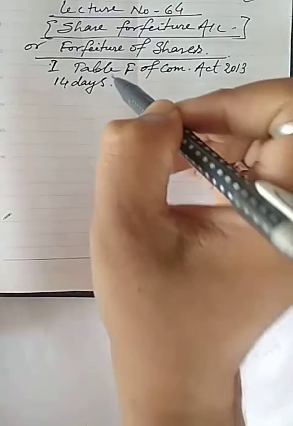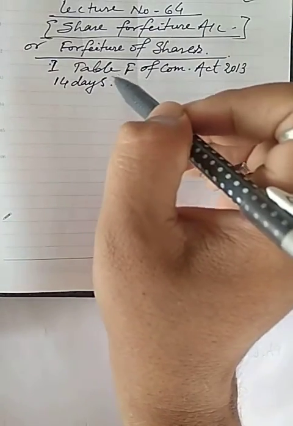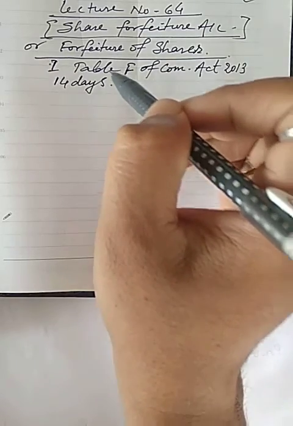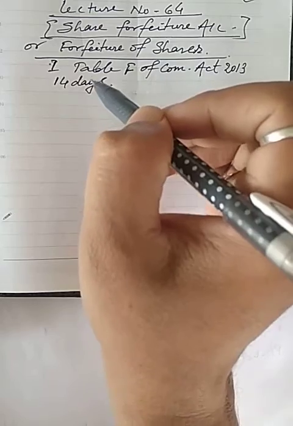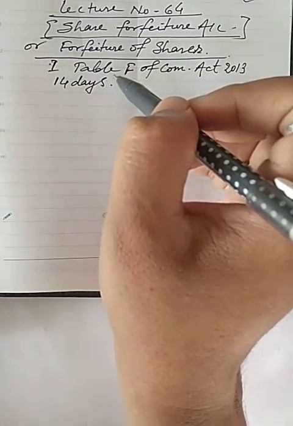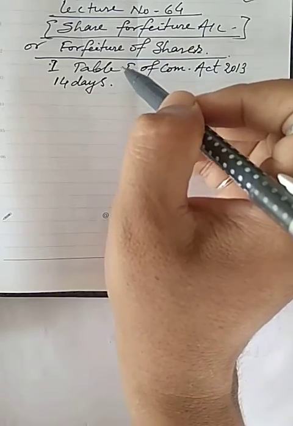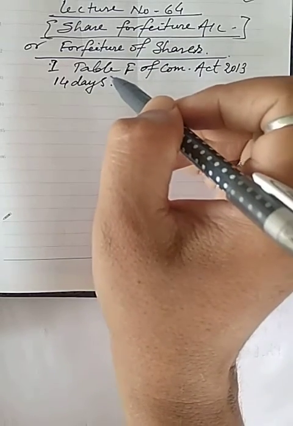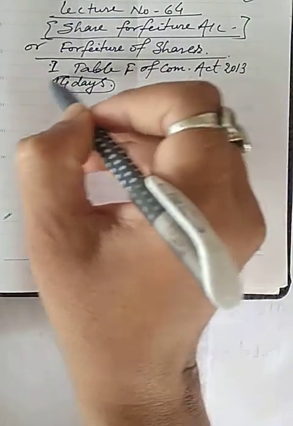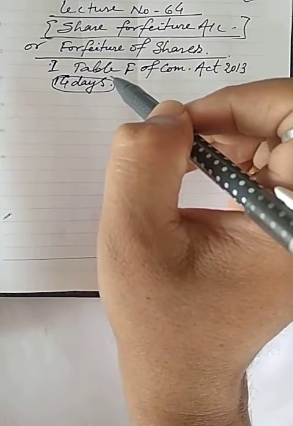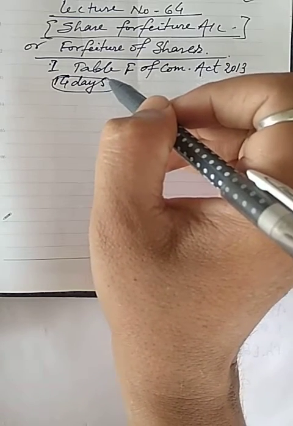notice requiring him to pay the unpaid amount on his share together with the accrued interest thereon. The notice must state that if the unpaid amount is not paid within a certain period, that is 14 days, his shares shall be forfeited.